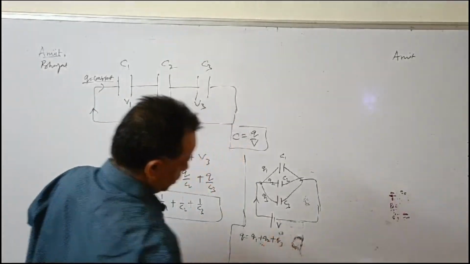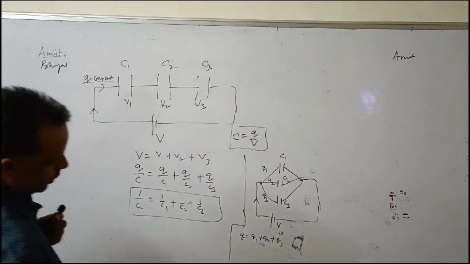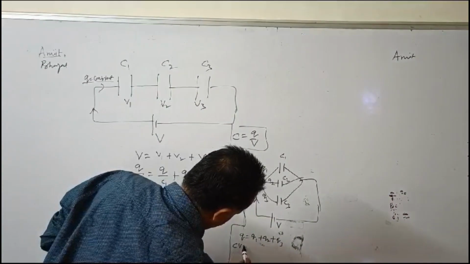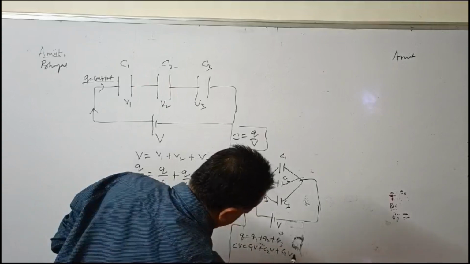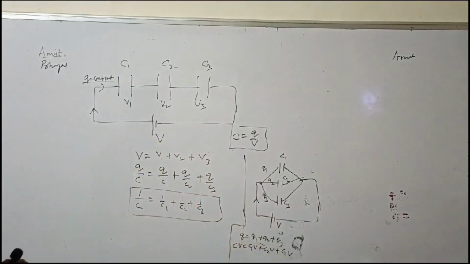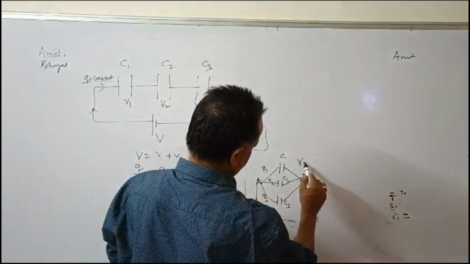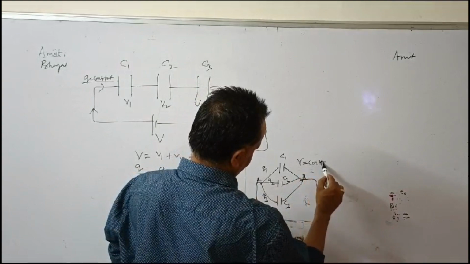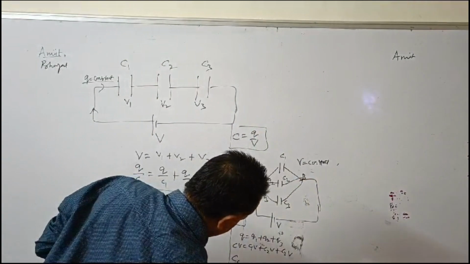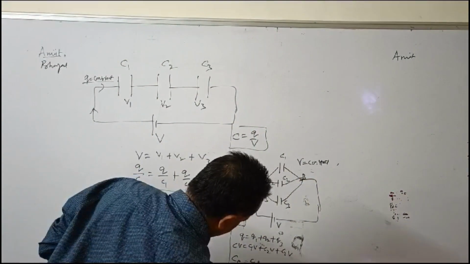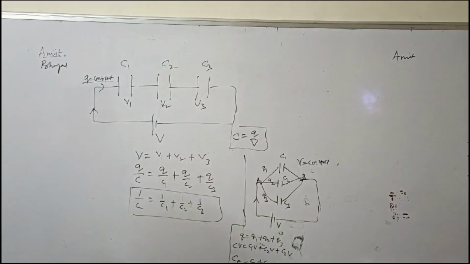Potential across all these capacitors will be equal to V. So this is C into V, C1 into V, C2 into V, C3 into V. In a parallel combination, the potential across AB will be the same, so V will get cancelled out. Then C parallel will be equivalent to C1 plus C2 plus C3.